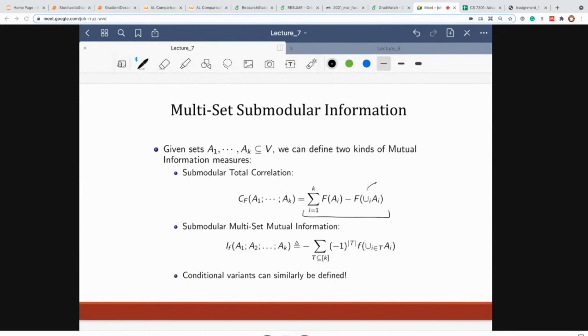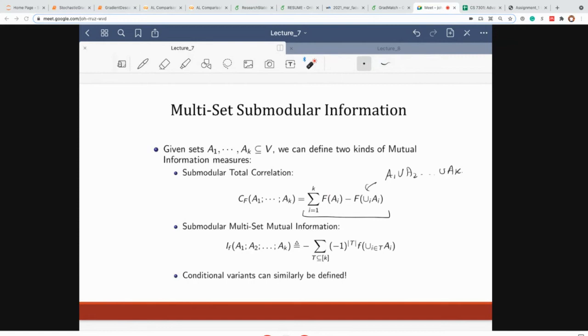This term is nothing but A1 union A2 union up to AK, so it's a union of everything. This is the generalization of mutual information, extended to k sets. So I'm taking a sum, minus the complete union. This is called total correlation.